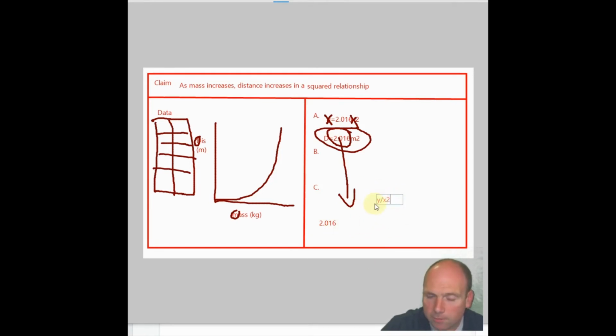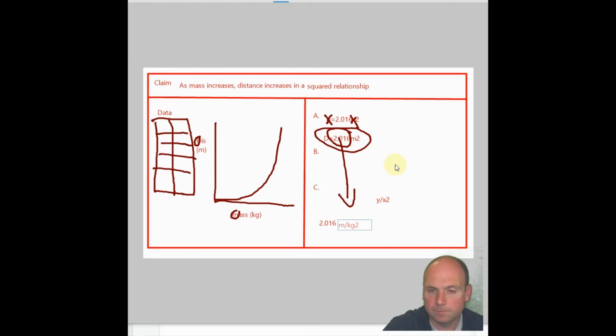But again, it's not y and x. I want the units of y and x. So it's going to be 2.016, and then the units on 2.016 are going to be units of y, meters, so meters per, or divided by, units of x squared. So per kilogram squared.